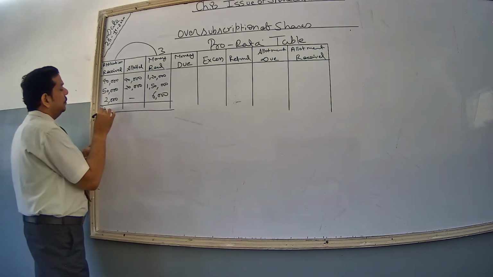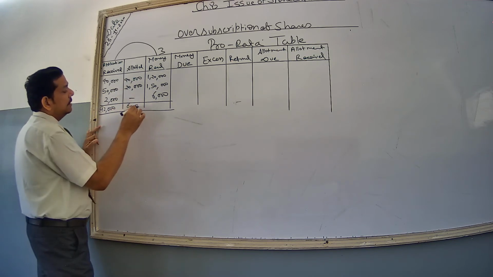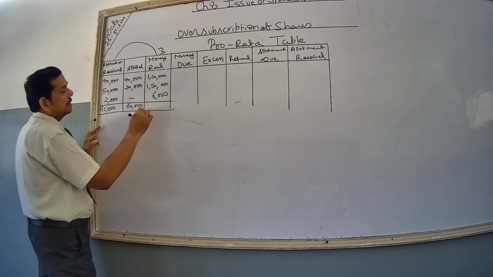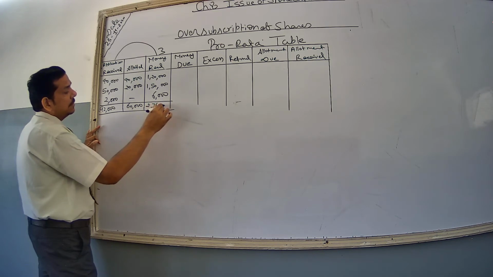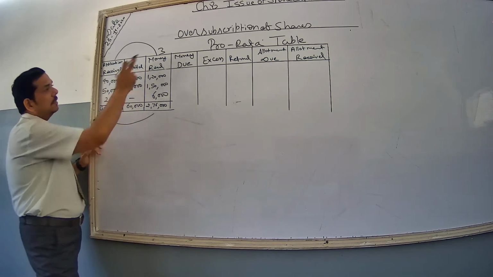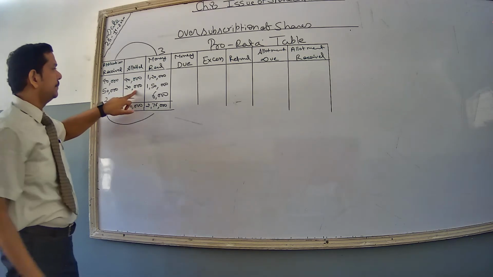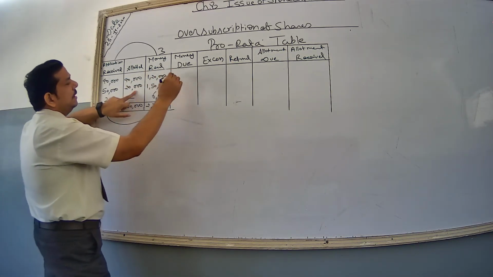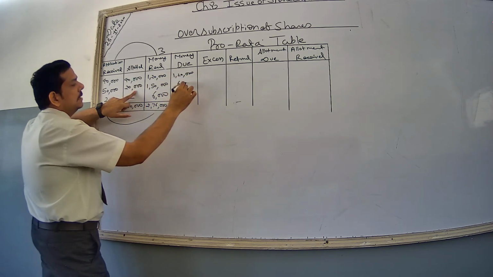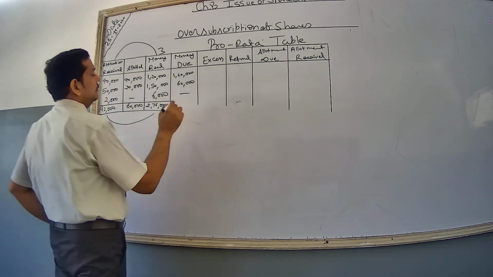Make a total of 92. Applications received, shares allotted 60,000. 120, 150, 270, 270 and 6, that is 2,76,000. Now you can cross check also: 92 into 3 is 2,76,000. Now money due we will see from this table. Again 3 into 40 is 120, 3 into 20 is 60. Here nothing is allotted, so a dash will come.